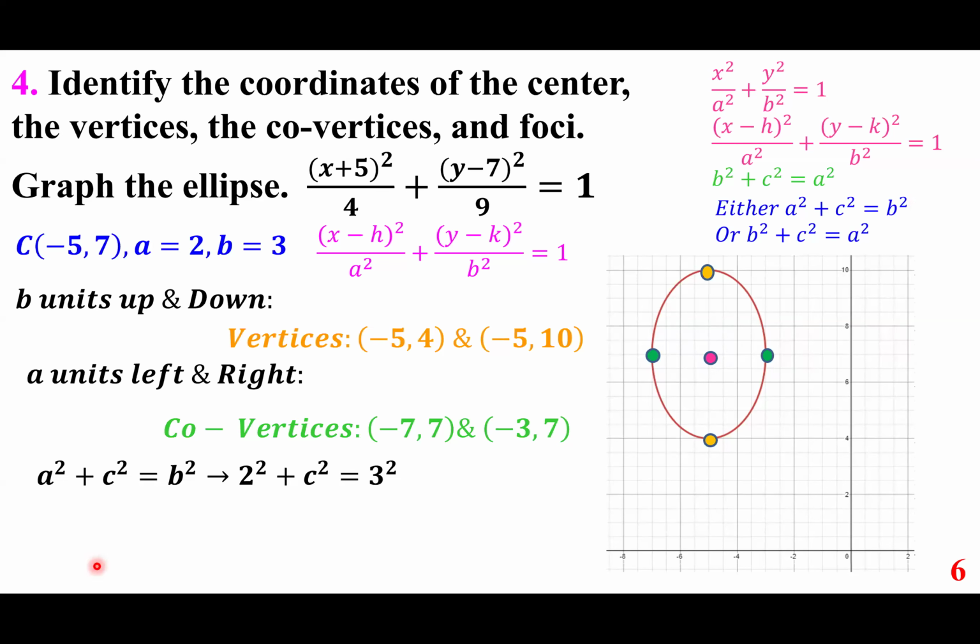And so 9 minus 4, we get 5, and c becomes square root of 5, which means going back to the center, up and down by square root of 5.